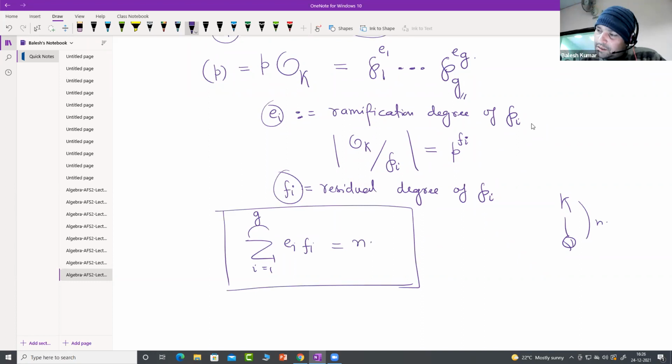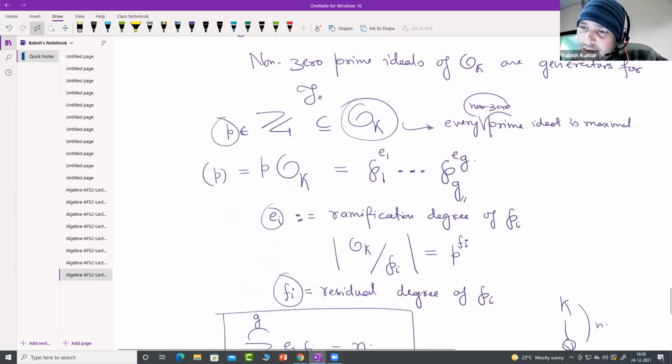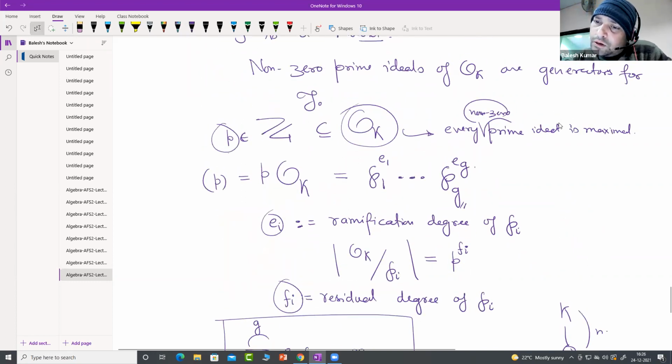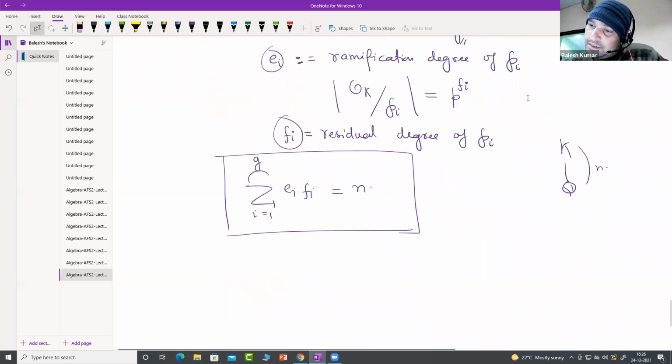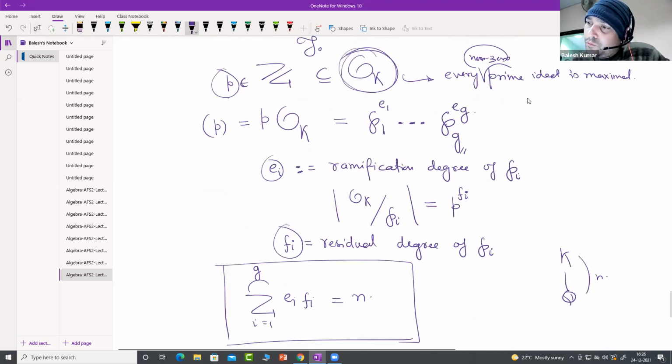So if you take a prime integer, it will be an element inside the ring of algebraic integers. The ideal generated by it may not be a prime ideal in OK, so it will have a certain factorization. What does this relation say? Simply that the number of prime factors cannot be more than n, the degree.